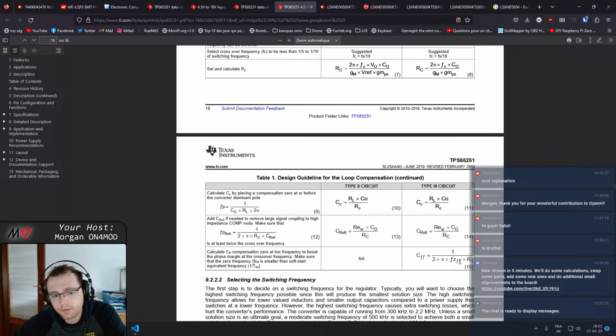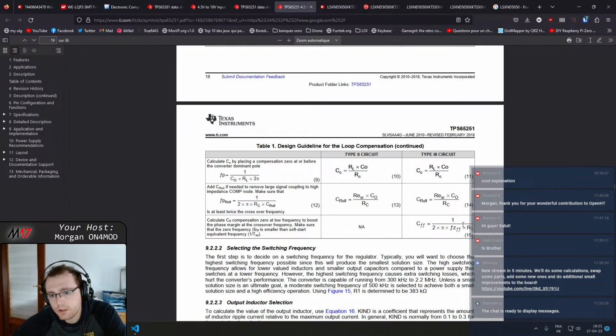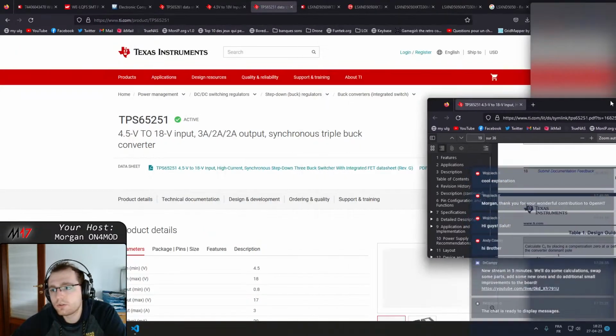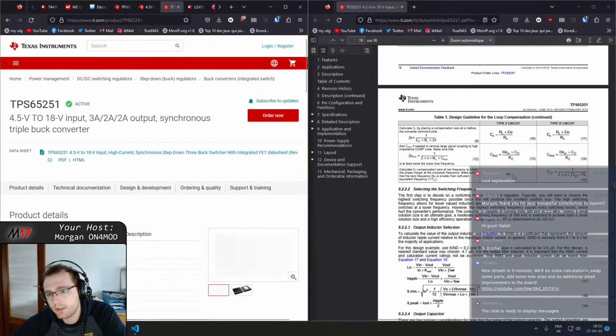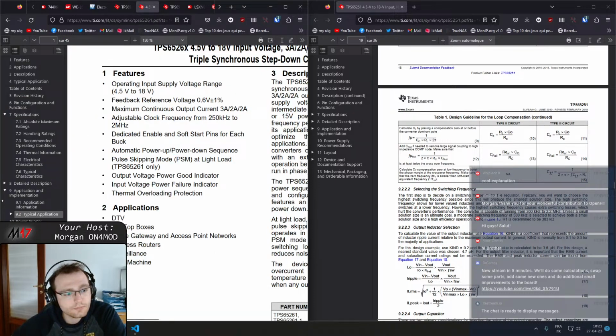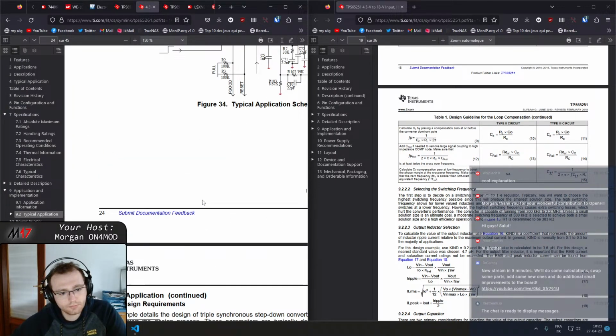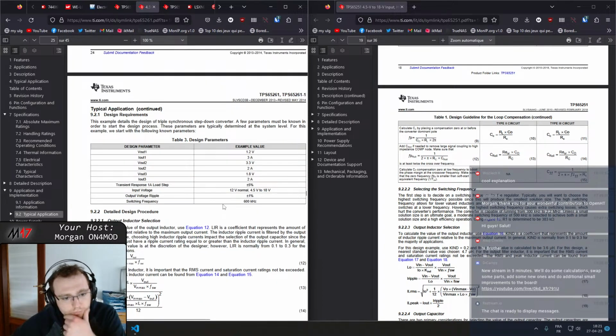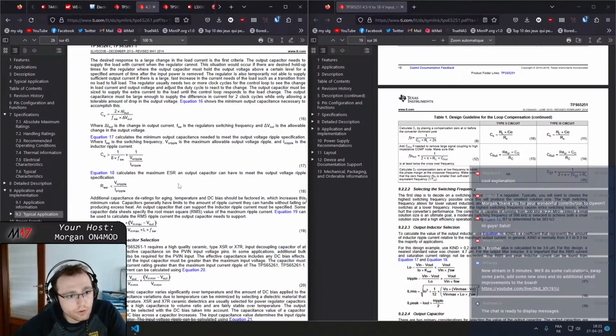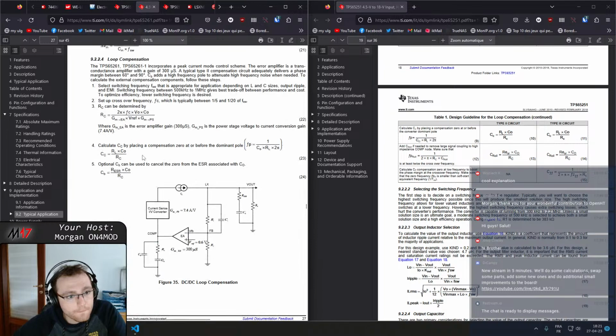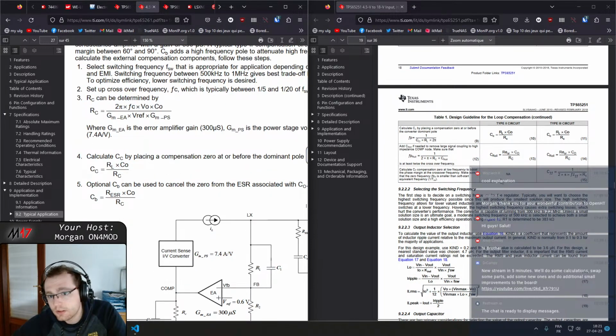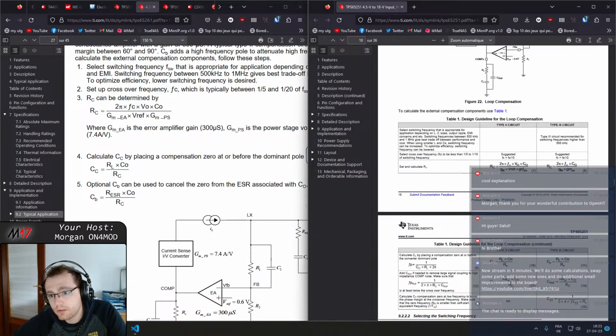C feed forward. Yes, okay, so that's the equation that we want. Let's compare the two sections between the data sheets to see if the equations are the same. So for RC, 2 pi times FC times VO times CO divided by GM times VREF times GM.